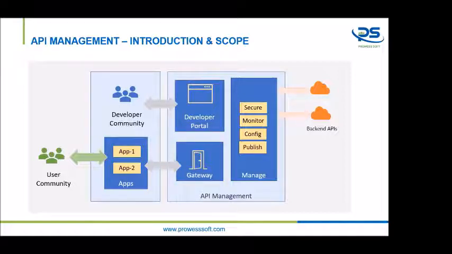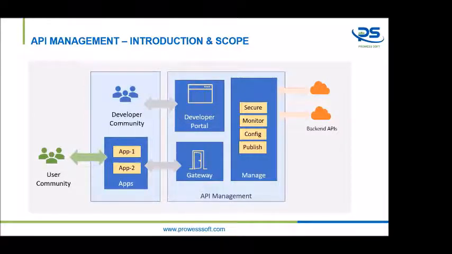If you actually observe any company that is providing its products or services, they would have an API strategy. Whether it is B2B, business to business, or B2C, business to consumer, either way, if they do not have an API strategy, it's probably not in the right direction.